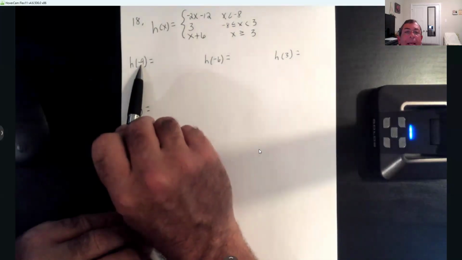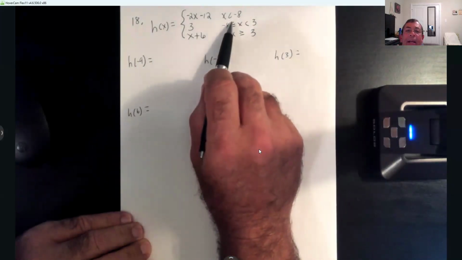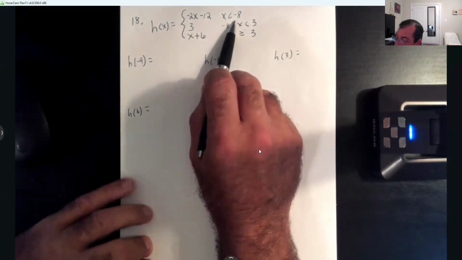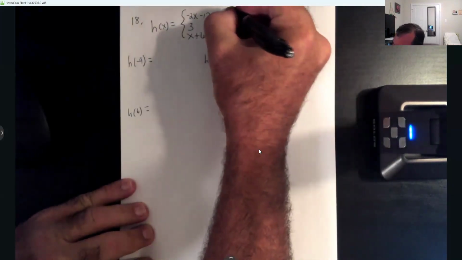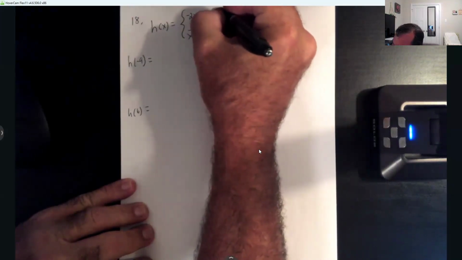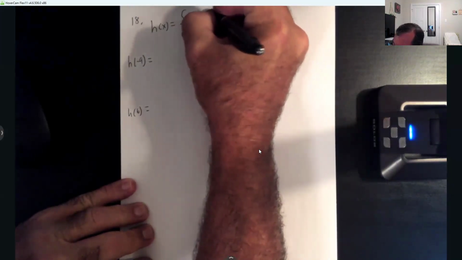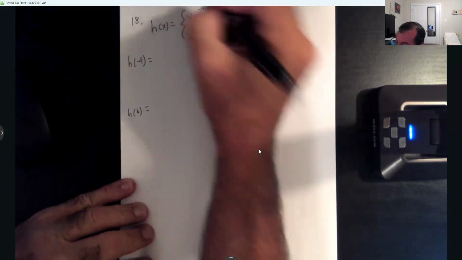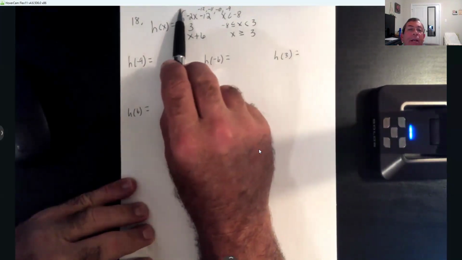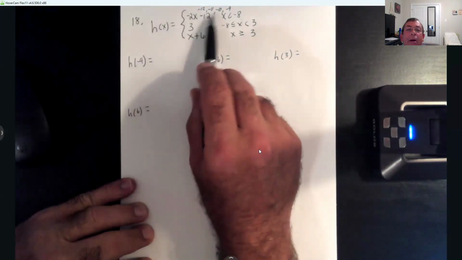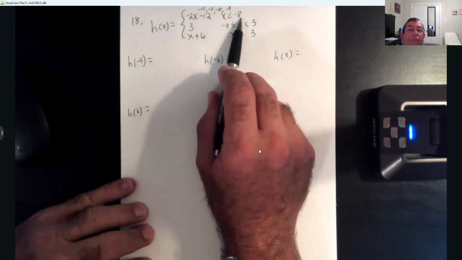Okay, so starting with negative 9. Is negative 9 less than negative 8? Well, that's true. Numbers that are less than negative 8 will be negative 9, negative 10, negative 11, negative 12, negative 13, all the way to negative infinity. All these numbers are less than negative 8.